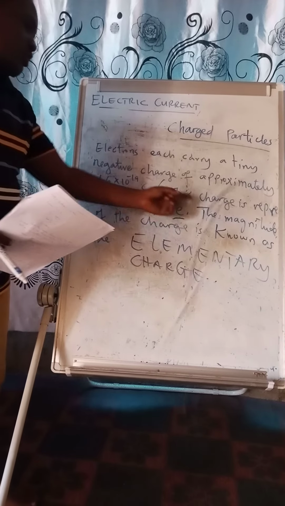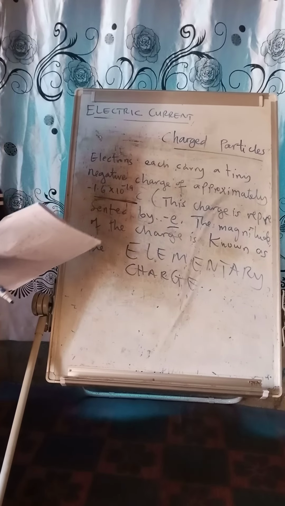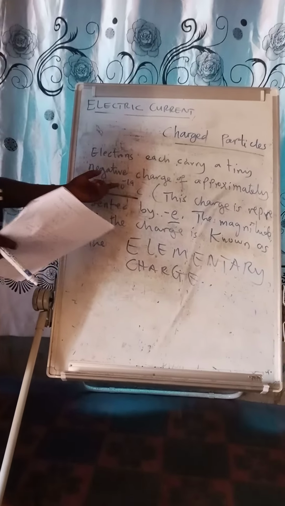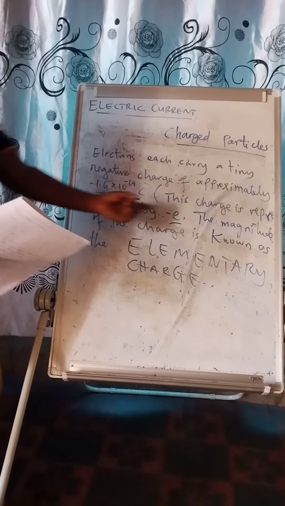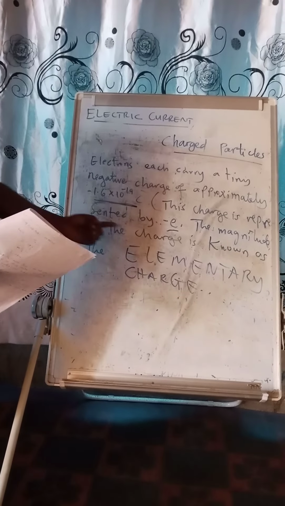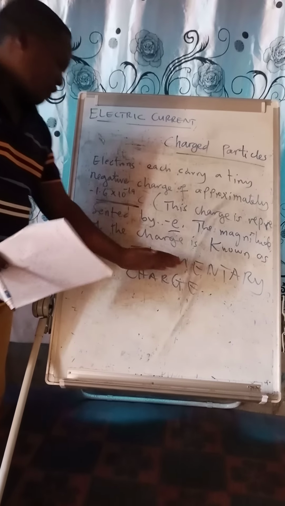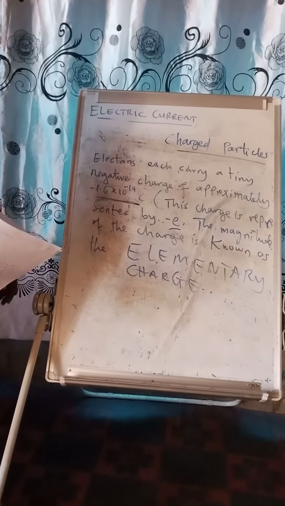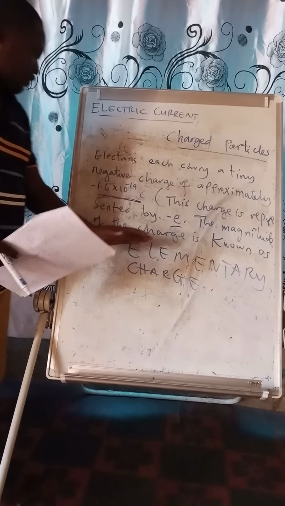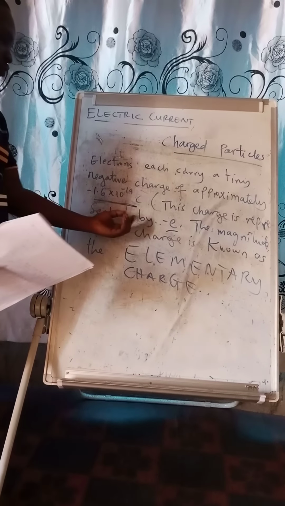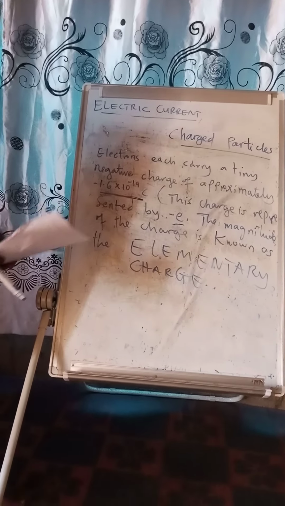So this is the charge of the electron, whose value is this magnitude. The magnitude of the charge is known as the elementary charge.